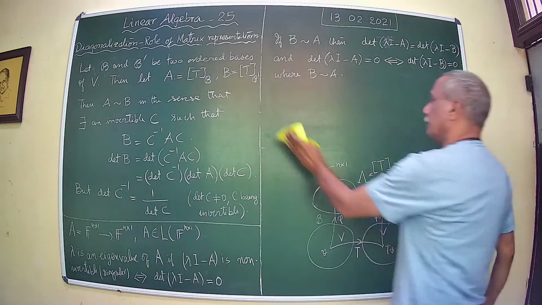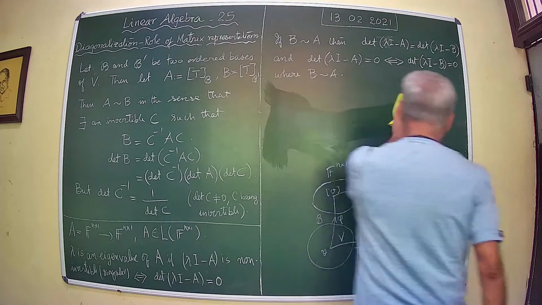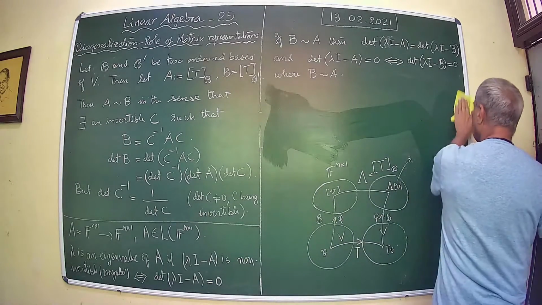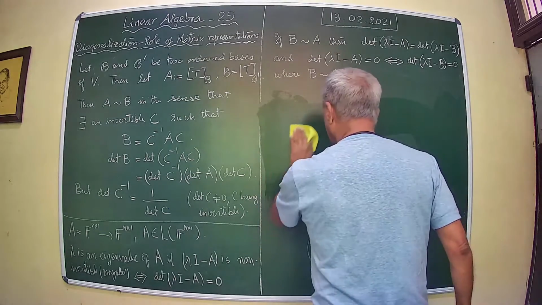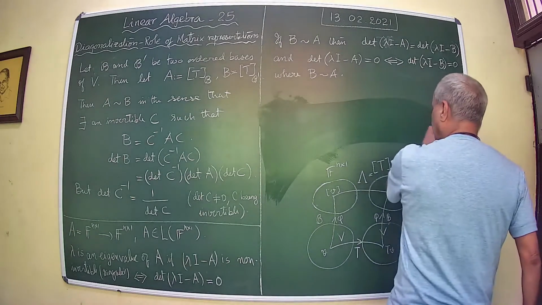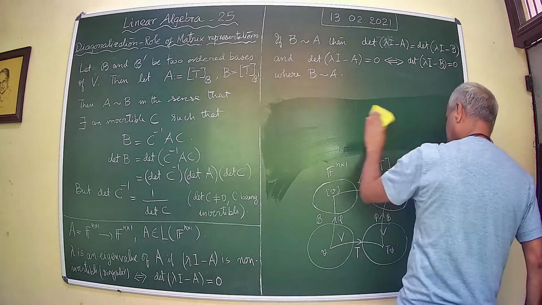Therefore we see one thing. Therefore we observe that irrespective of what ordered basis you use, you get a representative matrix.